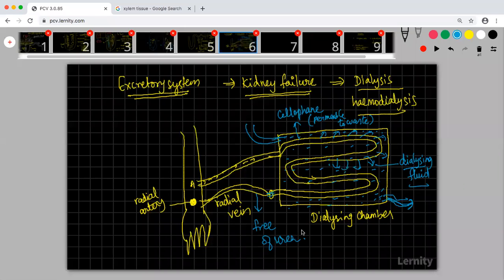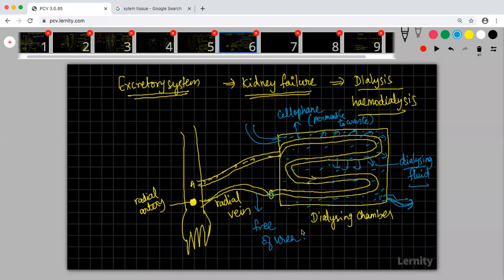Usually it will take some 3 to 6 hours. Okay. Depending on the way the kidney is affected, this period can change. Okay.